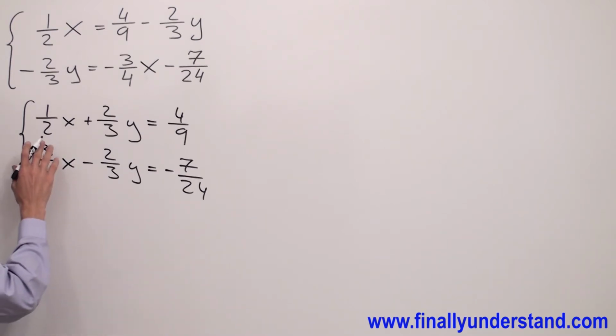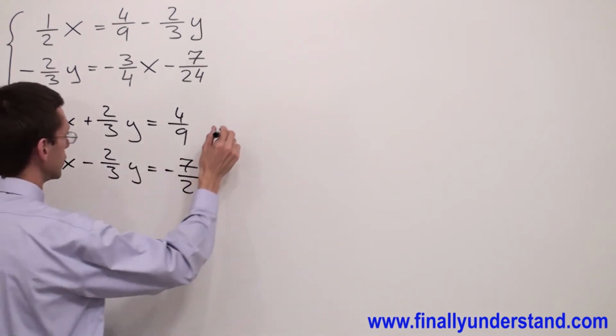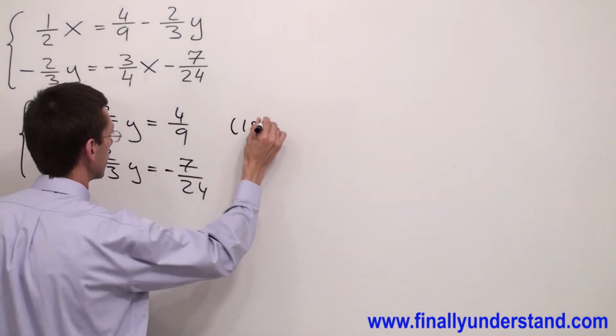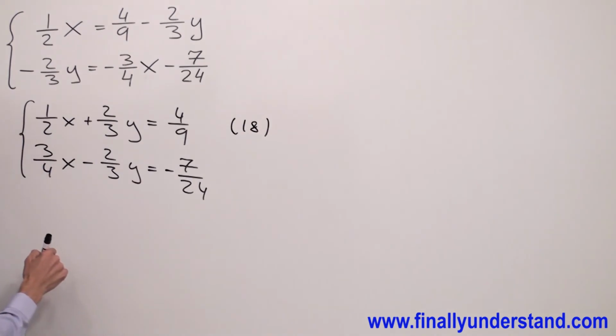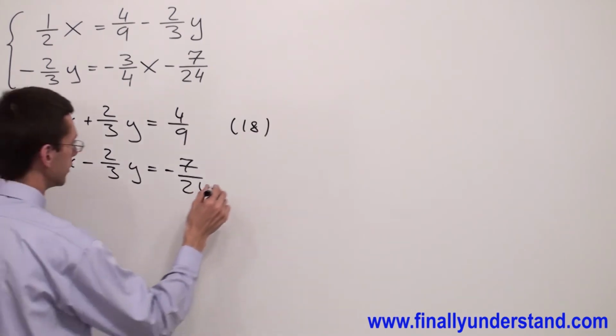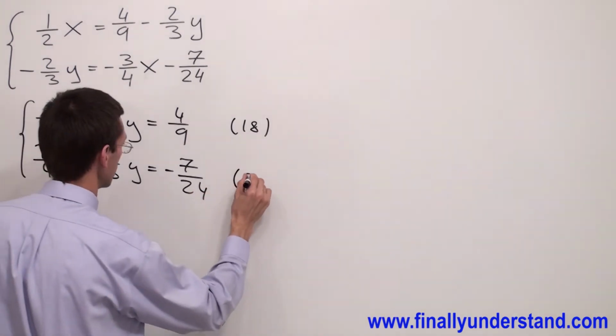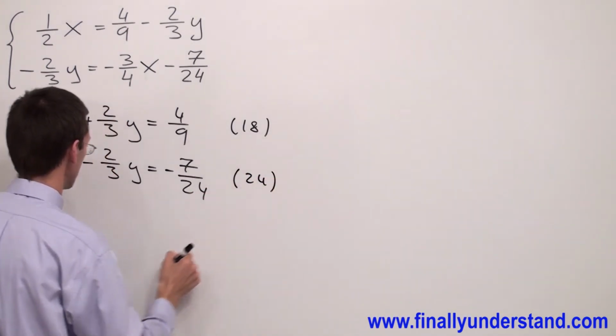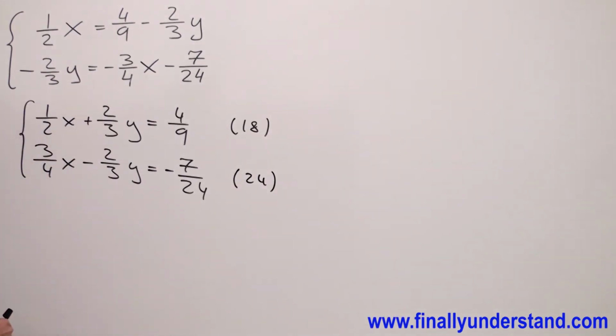The common denominator for these three fractions is 18. And to eliminate the fractions in the second equation, we multiply that equation by 24, because this is the common denominator for these three fractions.